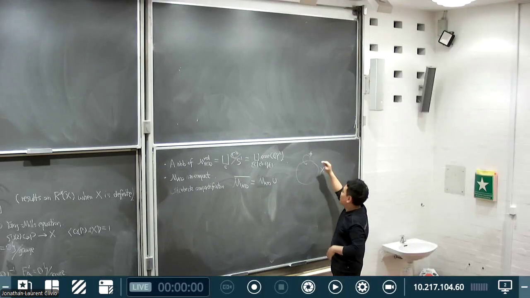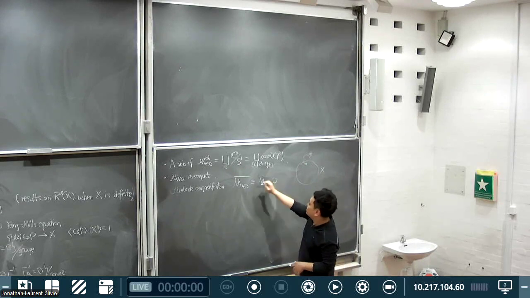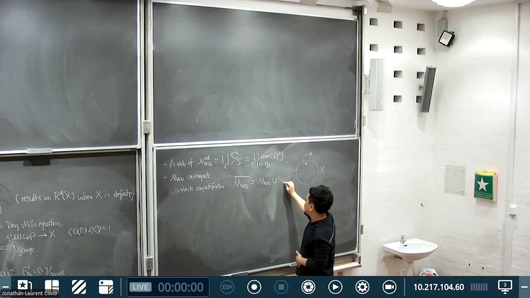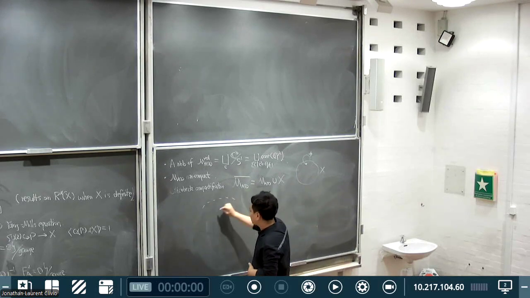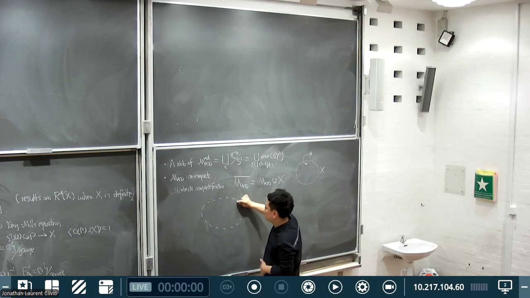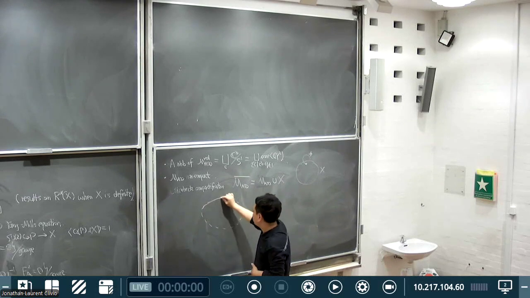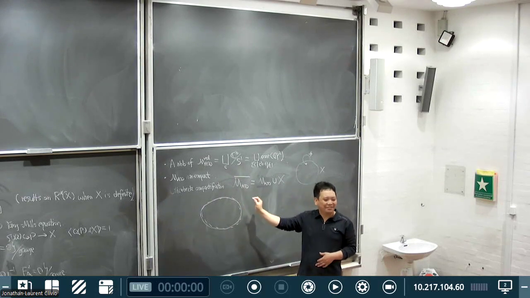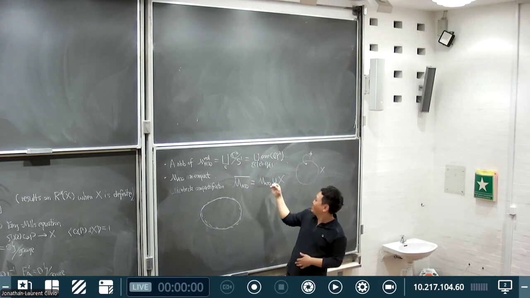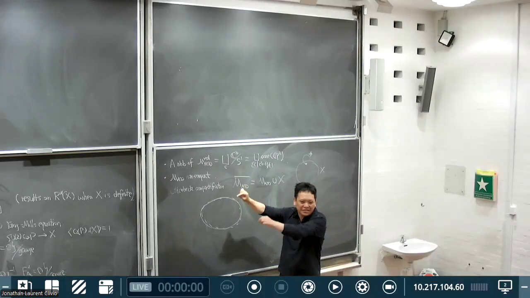Okay, and we need to record the position of this bubble, and as a result, we are just adding in X. Okay. So this is a 5-dimensional moduli space, non-compact. Okay, it has 2 features. One is non-compact, but we can compactify it by adding a copy of the manifold itself, because we're just adding the position of the bubble.